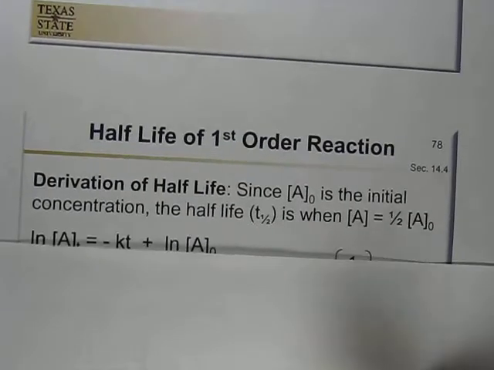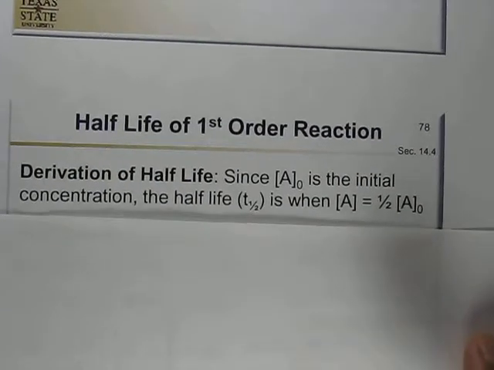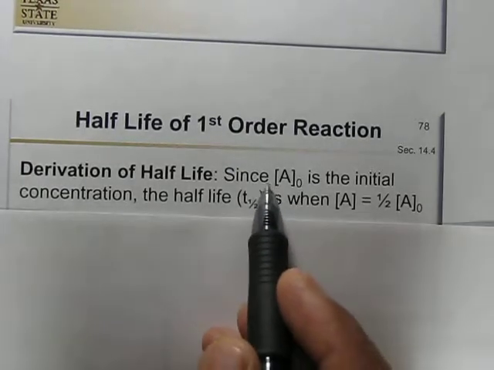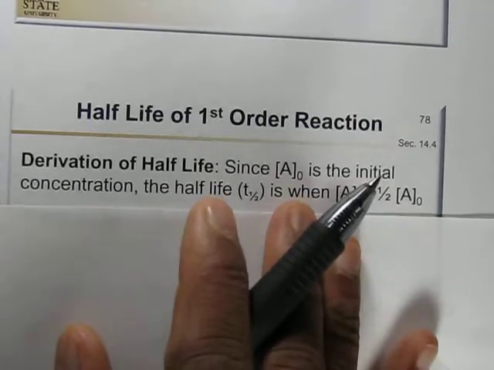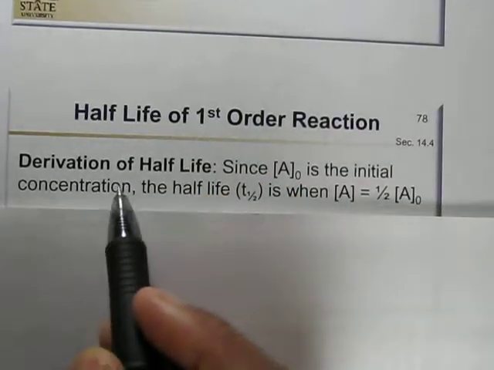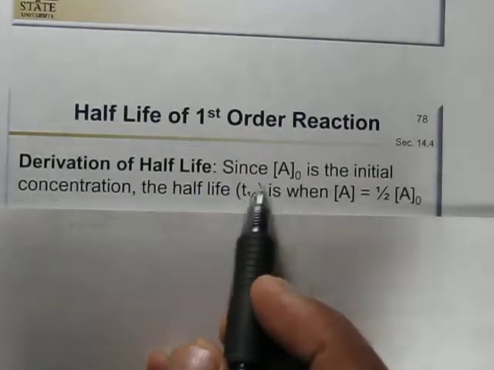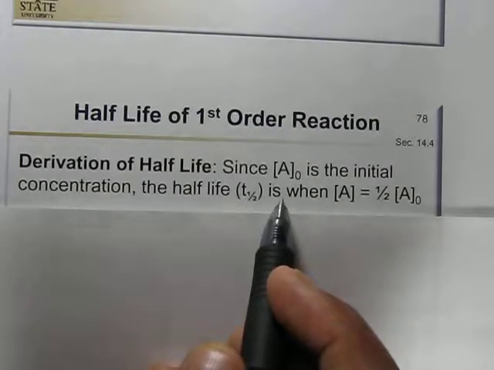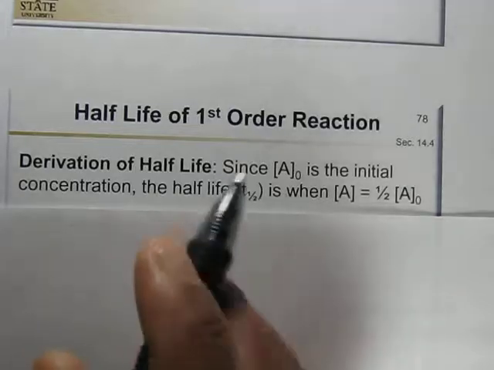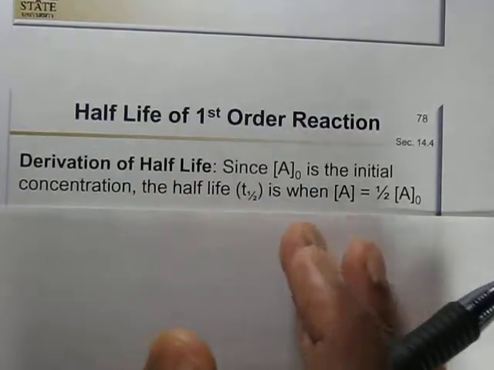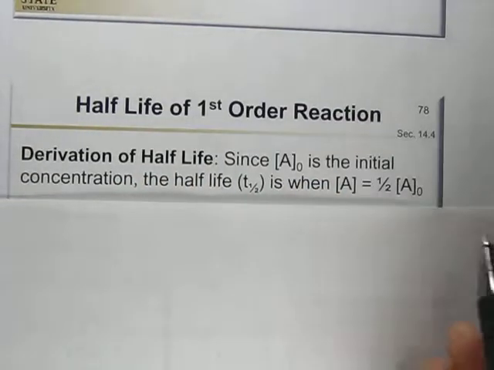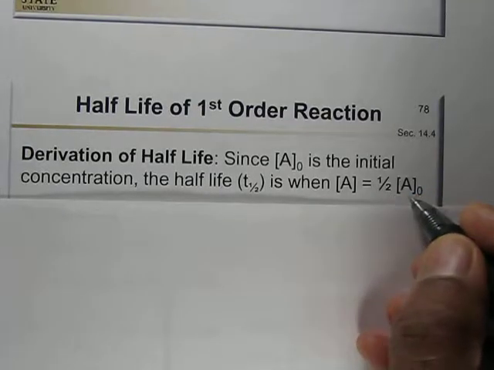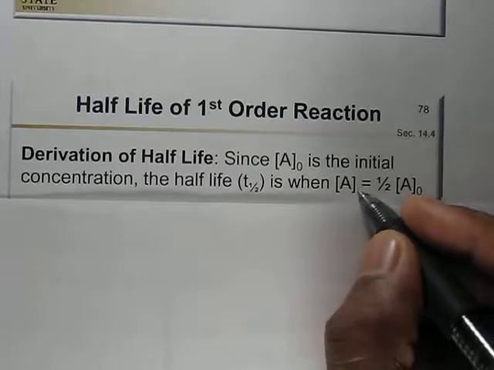So, the half-life of a first order reaction, derivation of half-life. In the case of half-life, the initial concentration will be A0, and the half-life T half is when, after the half-life, the concentration At will become half of the initial.